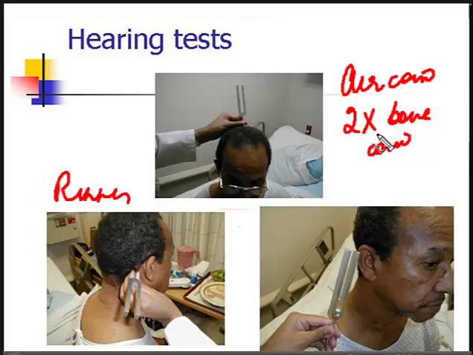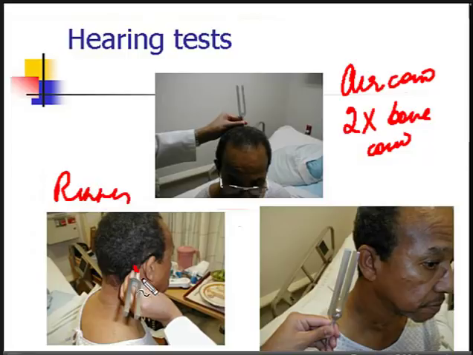So what you do is you place a vibrating tuning fork on the mastoid process. So this here is the mastoid process of one ear, and you cover the other ear. You have to make sure that the other ear is covered, so that the sound is not transmitted through the bone. So you place the vibrating tuning fork on the mastoid process, you've covered the other ear, and you ask the patient to tell you when they don't hear the sound.